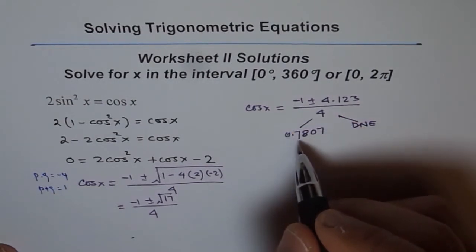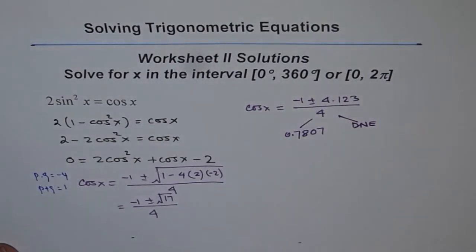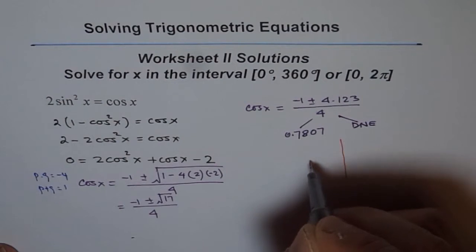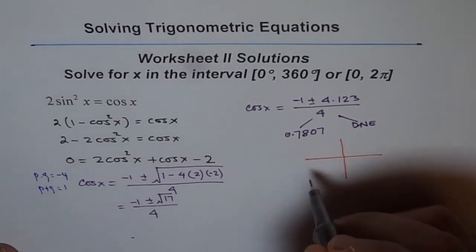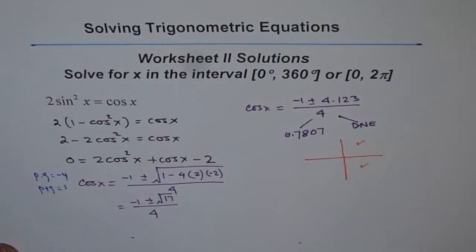So now we'll find cos inverse of 0.78. Now remember one thing, when you get this solution, cos is positive in two quadrants, correct? Cos is positive in quadrant 1 and in quadrant 4, right? So we have to find both the solutions.